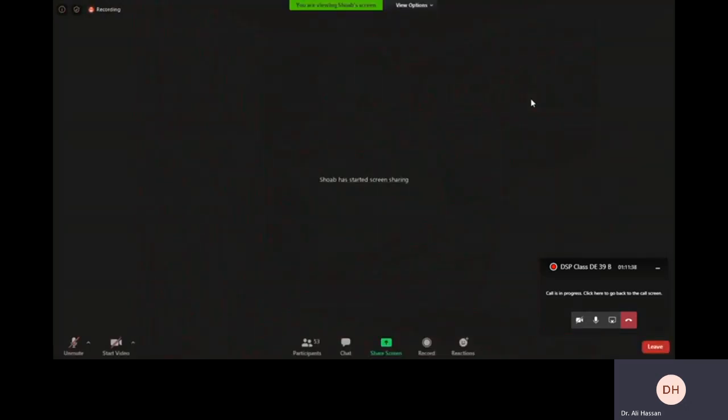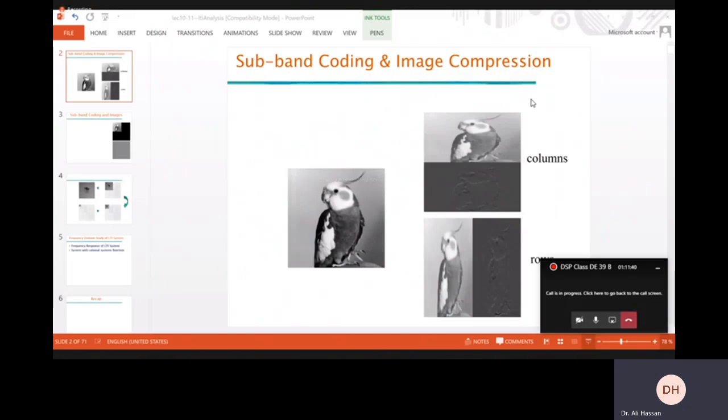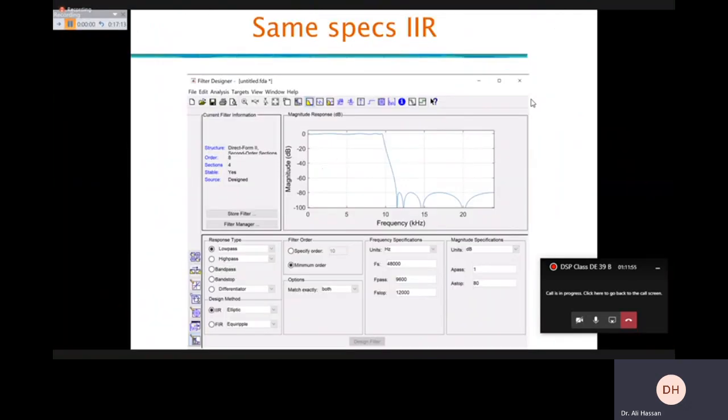Look, here I have designed all these filters. So phase distortion is like this: if you have a signal, it has different frequencies. Let's say it has this frequency, this frequency, this frequency.